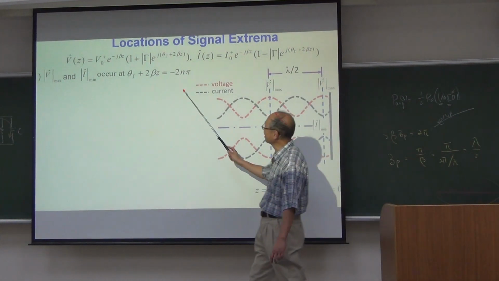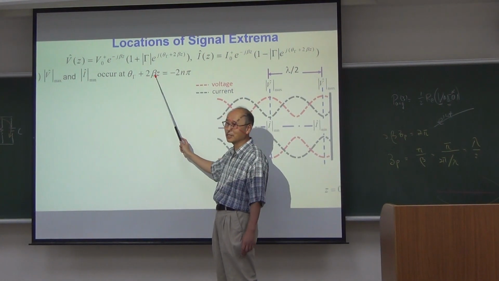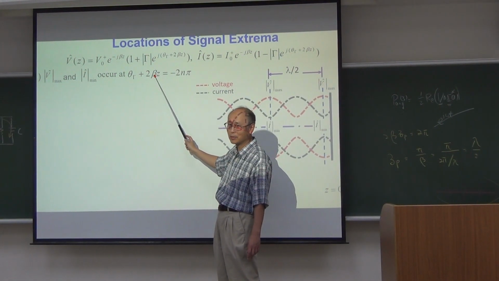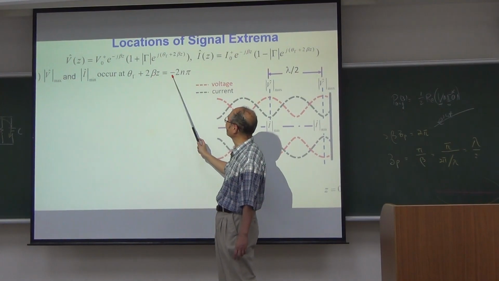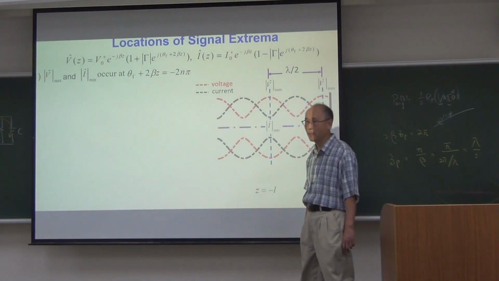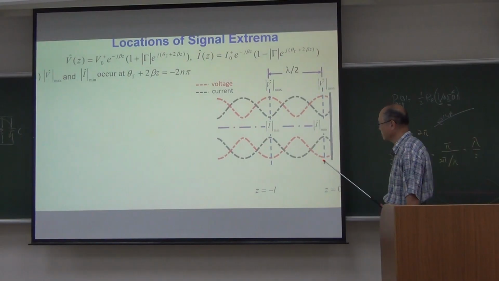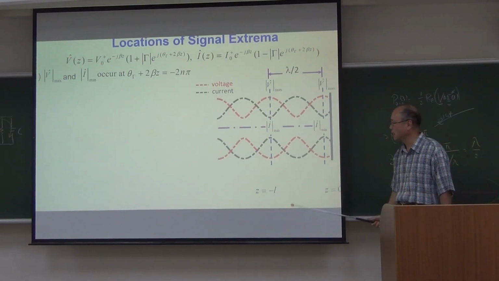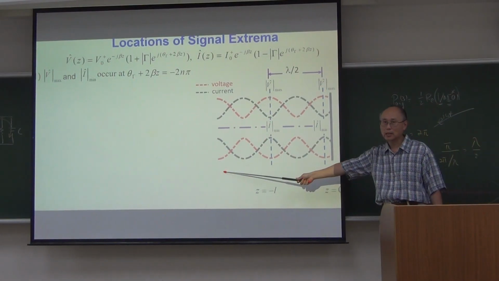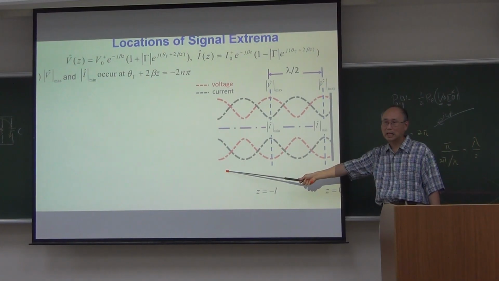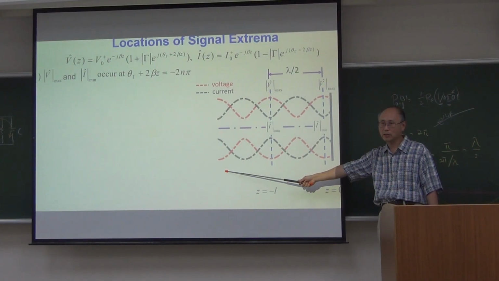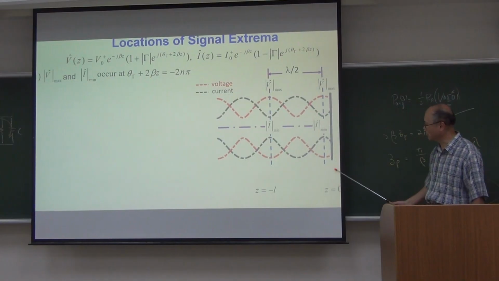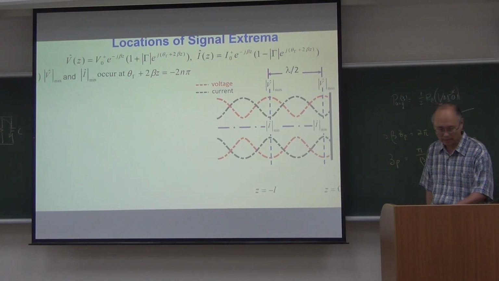We set this z equal to 0, and this is z equal to some negative value. So apparently this is likely to be a negative number, so we set this to be minus 2n pi. Okay, because we define z going along the negative direction for the transmission line, and at this point z is equal to 0.